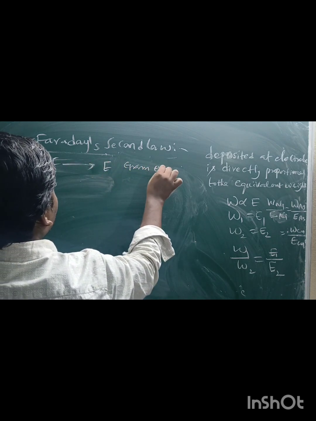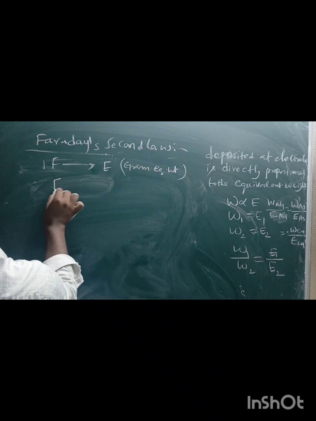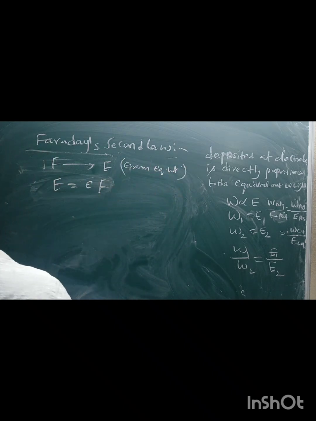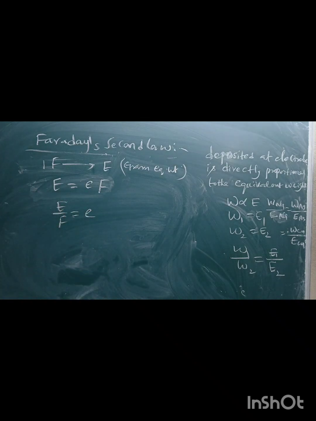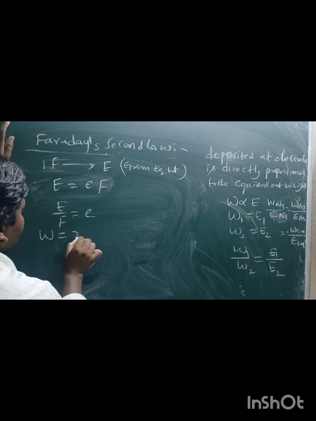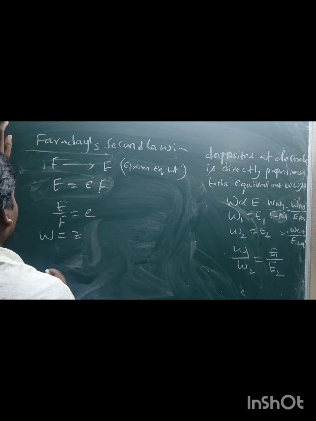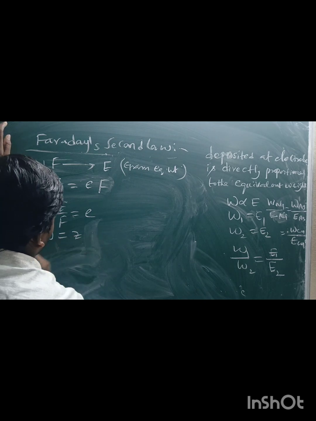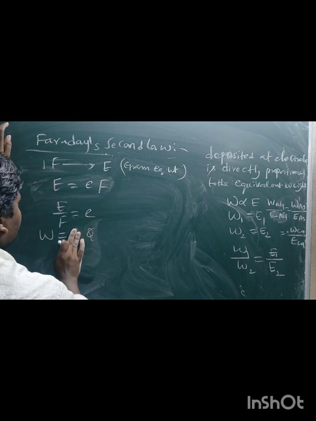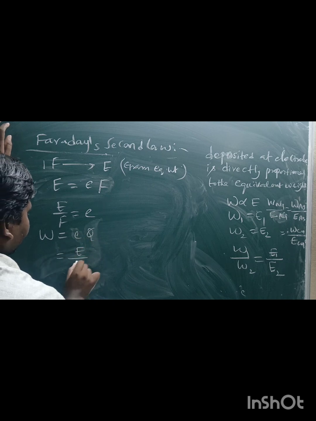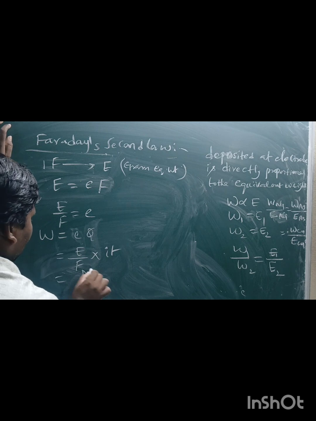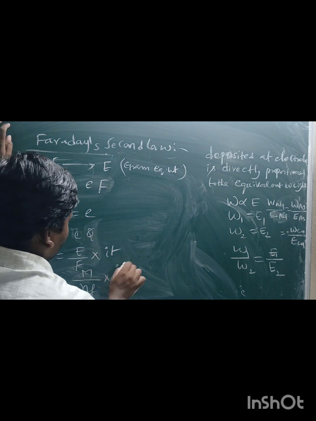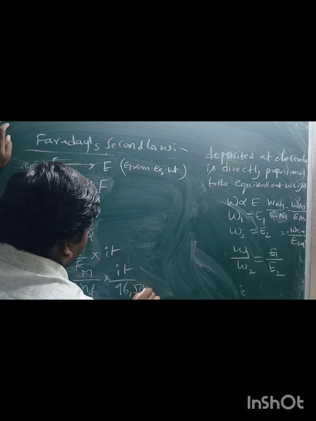Gram equivalent weight, capital E is equal to small e into F, where small e is equal to E by F, that is the electrochemical equivalent. By applying our first law, W is equal to Z into Q, where Z is E by F, into I into T. Already you know what is E, M by n, F into I T by 96,500.